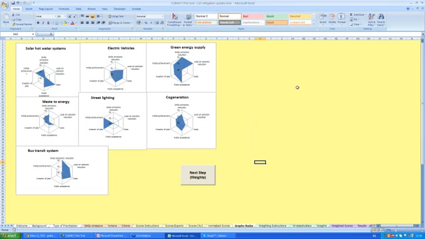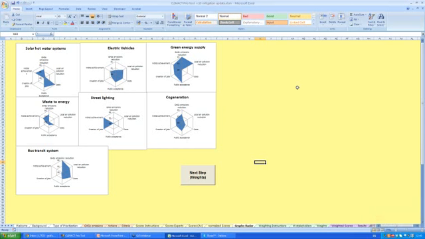So from this step already, we can see that the green energy supply, solar hot water systems, and electric vehicles perform better than waste to energy, street lighting, and cogeneration with regard to the selected criteria.